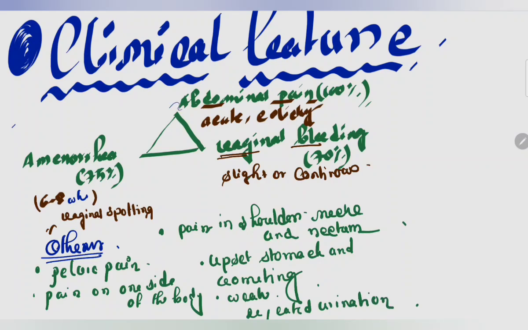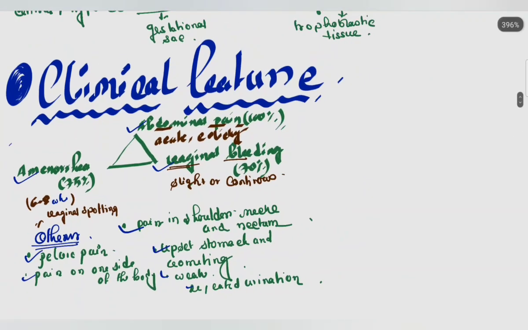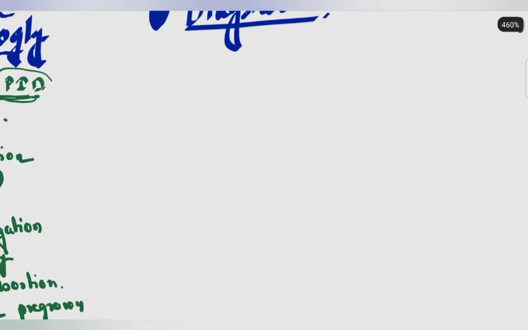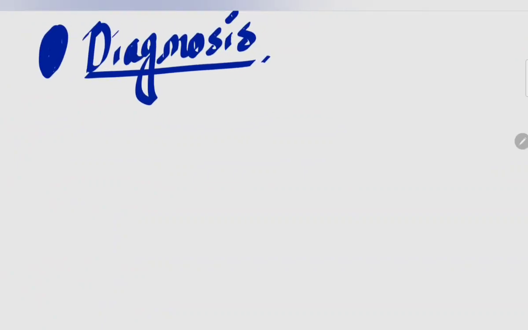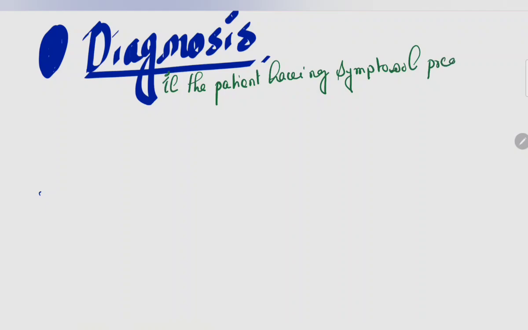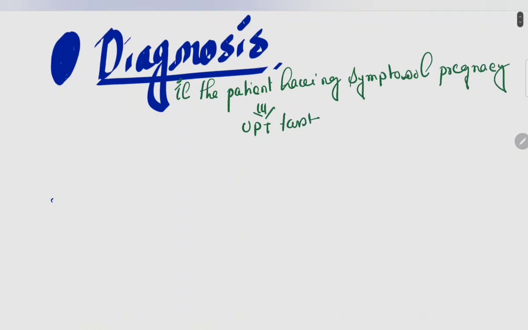So these all are the signs and symptoms of ectopic pregnancy. I think you all have understood. Next, I discuss how to diagnose ectopic pregnancy. If the patient is having symptoms of pregnancy, patient can perform UPT, urine pregnancy test.